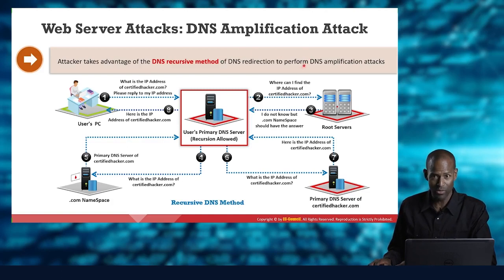So let's look and see how that works. Number one, the user needs the IP address for a URL or an FQDN, fully qualified domain name. And it says, hey, what's the IP address to this FQDN, certifiedhacker.com? Please reply to my IP address, is what the user's PC is effectively saying.